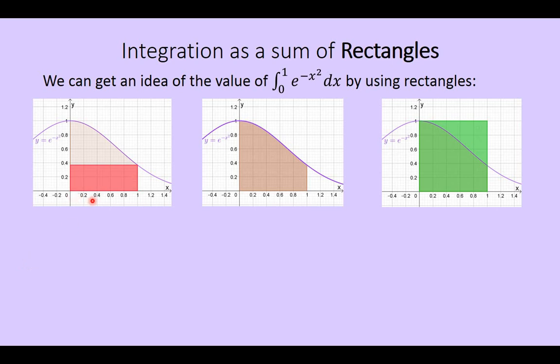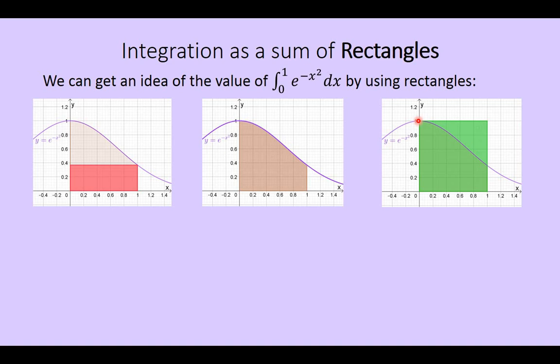You can see that the width of the rectangle is the width of the region we want to integrate over, and the height of the rectangle for the smaller one is the height of the graph at that right hand side, because that's the lowest point where the rectangle meets the graph. For the upper bound, it's the same width, but looking at the height, we want the highest point on the graph where the rectangle meets the graph.